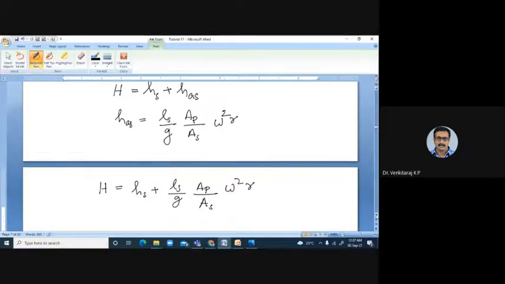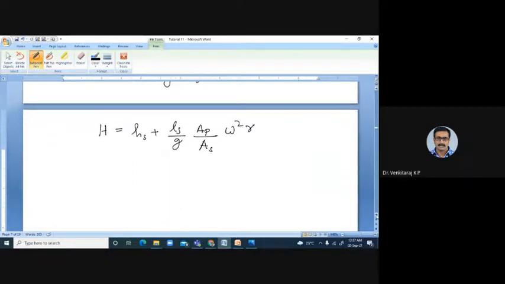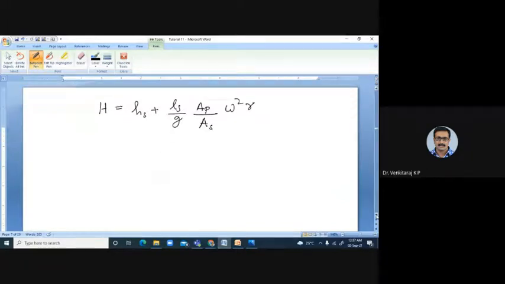So in this equation, let us substitute the data that are given.